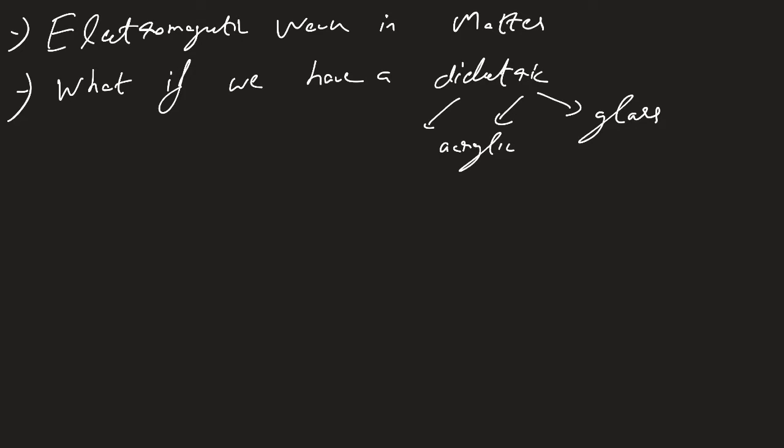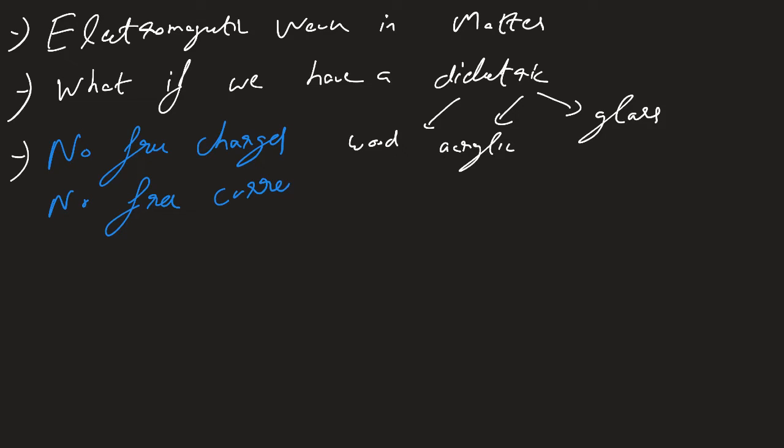A piece of wood would be a dielectric, so on and so forth. So what if we have a dielectric and the constraints we have is that whatever material we are looking at, it has no free charges, and this material that we are looking at has no free currents. So we're basically looking at an insulator. So our question is, what happens to electromagnetic waves inside an insulator?